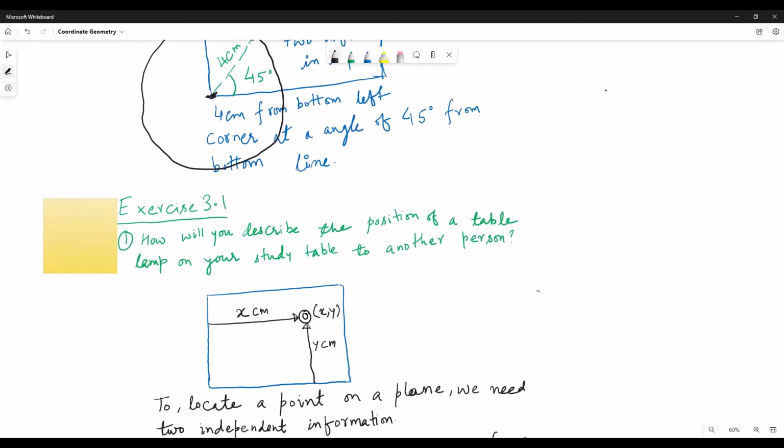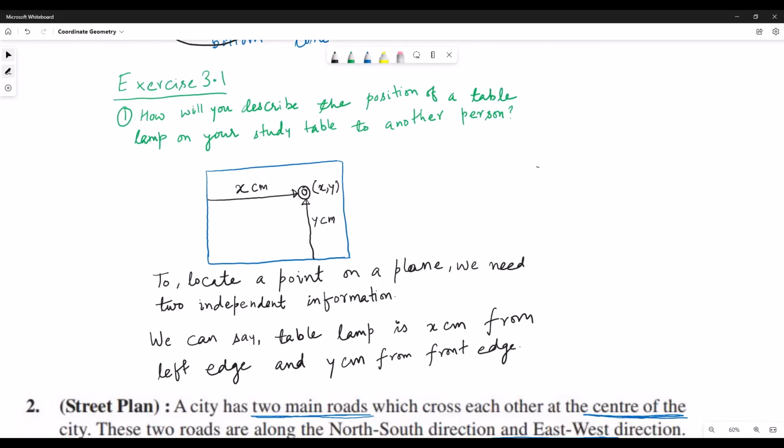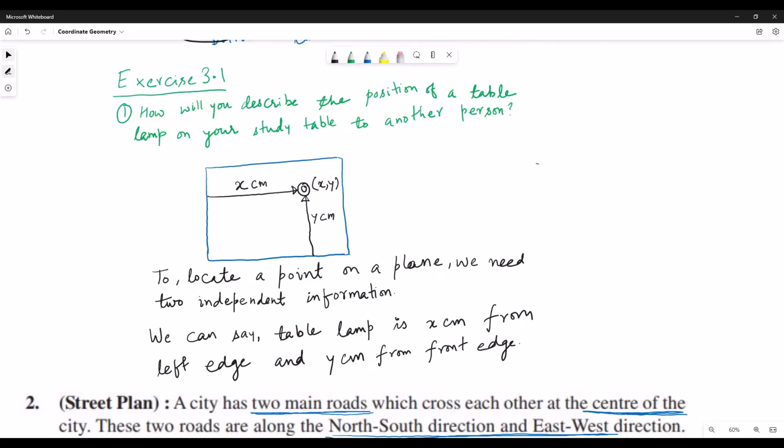You will tell him that the table lamp is x centimeter from the left edge and y centimeter from the front edge, right?